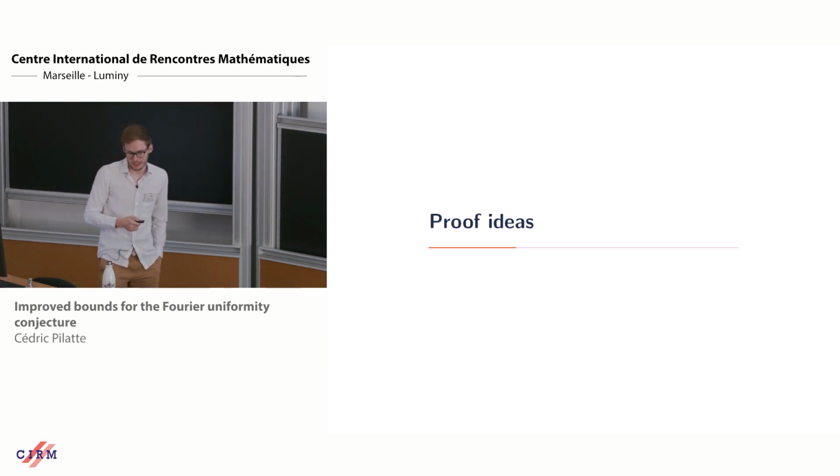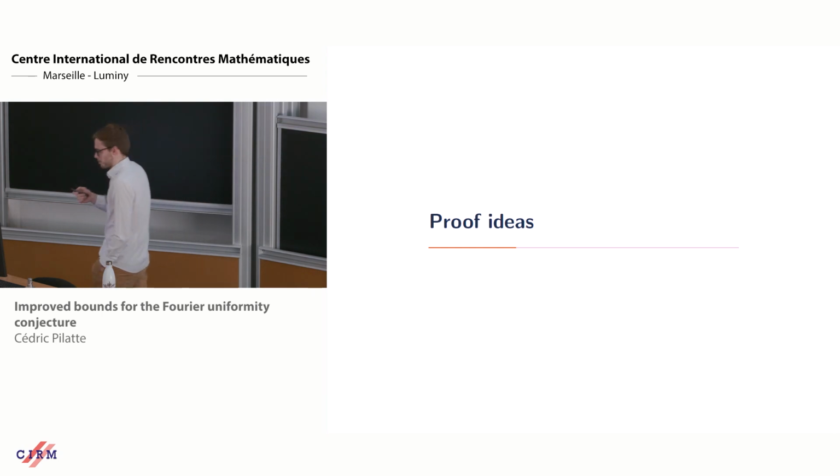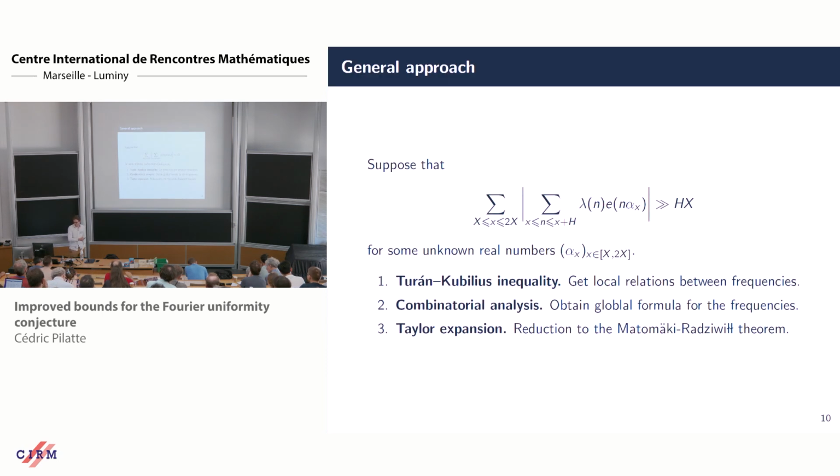So let me tell you about the ideas going around in all of these proofs. It's a little bit technical, so I will only talk about certain key ideas, and I will not go into all of the details. But roughly speaking, all the proofs have these 3 main steps.